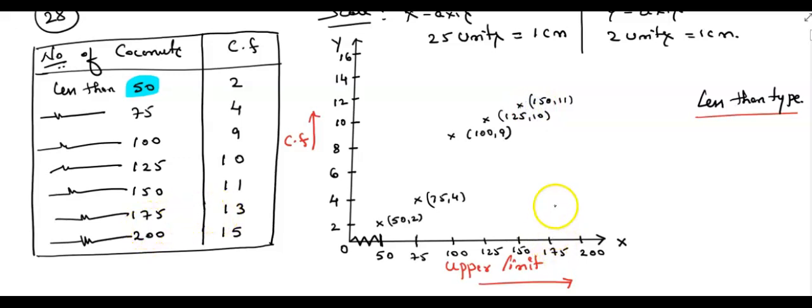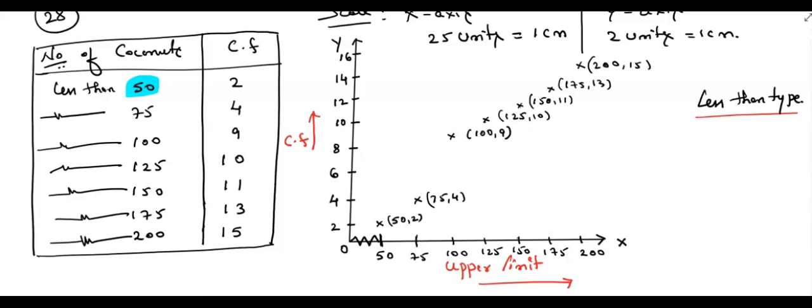Next 215. This is my 200 and this is my 15 value, that is 200, 15. Okay. Now remember one thing.